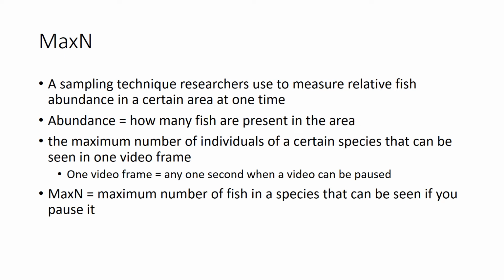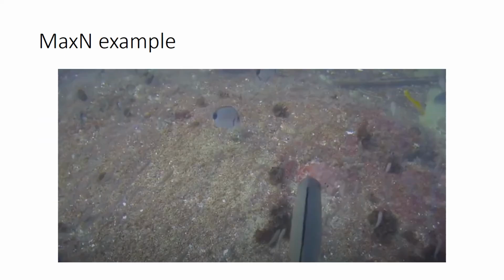We are going to walk through some examples to try to grasp this concept. Here is our first example picture I want you to study. I want you to study it and determine the number of spot-tail pinfish and Spanish hogfish that you see. I'll give you a little bit to figure that out.